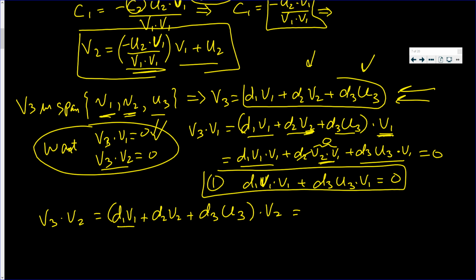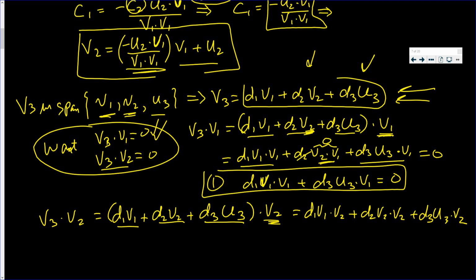Well, this is going to be d1 V1 dotted with V2, plus d2 V2 dot V2, plus d3 U3 dotted with V2.